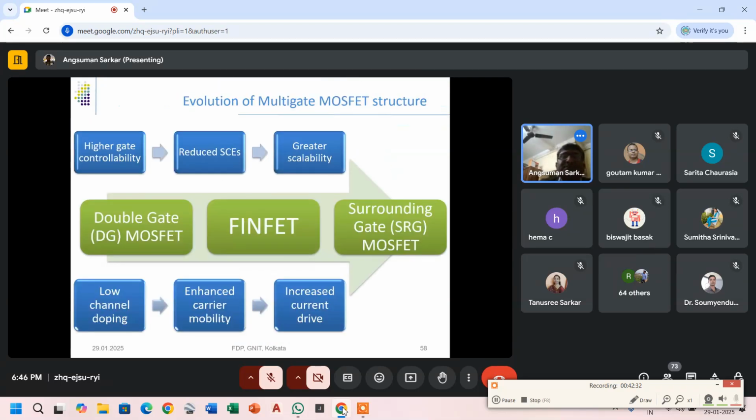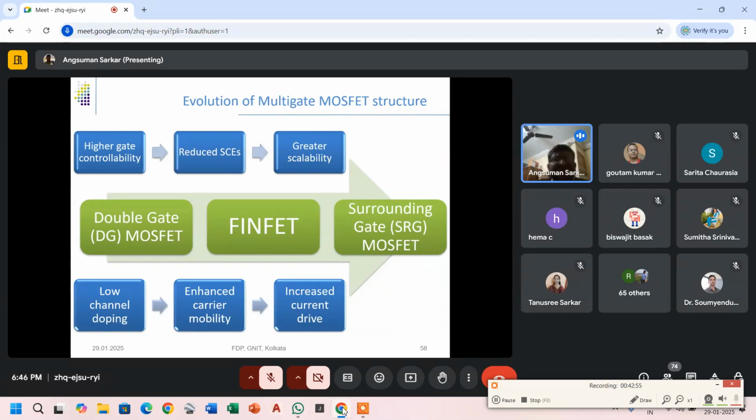Considering these concepts, the multi-gate MOSFET structure evolved later. The technology was initially introduced as a double gate MOSFET. Instead of a single gate MOSFET, we try to use a double gate MOSFET, and from that we are moving towards the concept of FinFET and surrounding gate MOSFET.